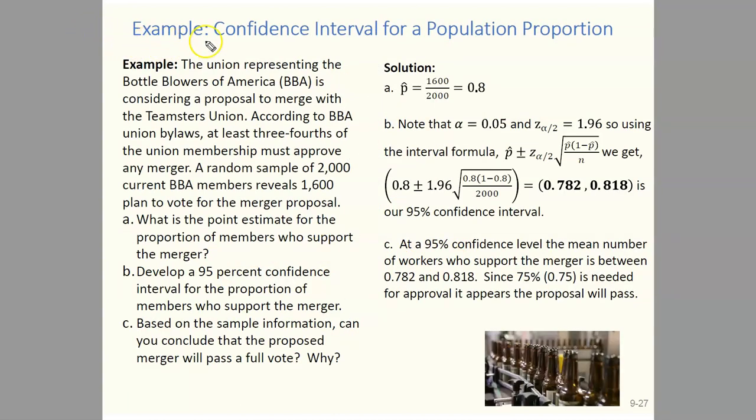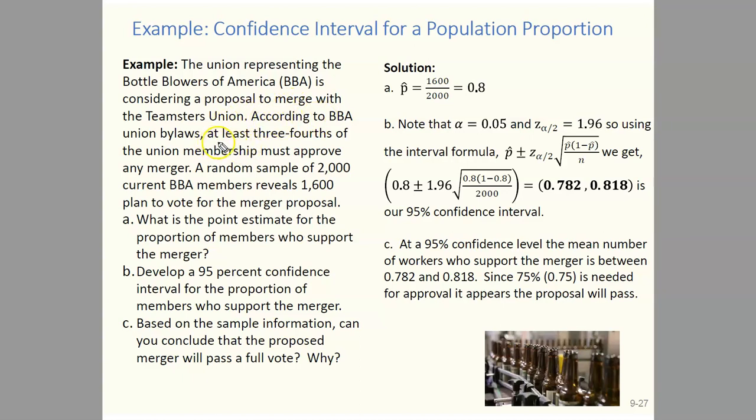Now let's take a look at this example illustrating how to construct a confidence interval for a population proportion problem. Now in this example, the union representing the Bottle Blowers of America, BBA, is considering a proposal to merge with the Teamsters Union.